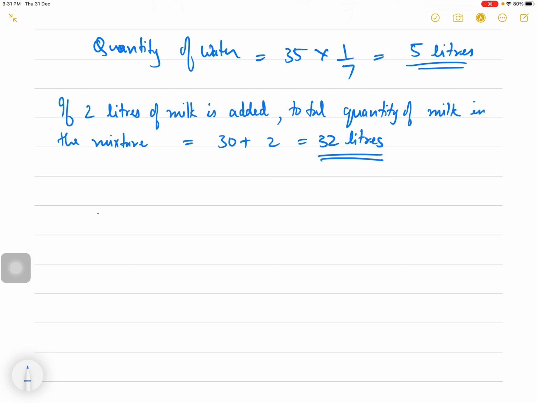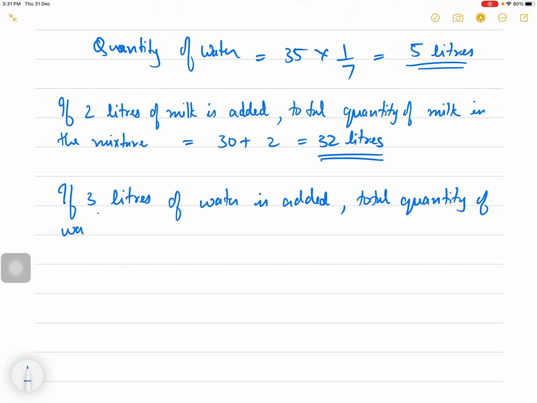Right? And if 3 liters of water is added, the total quantity of water in the mixture will be 5 plus 3, which is 8 liters.